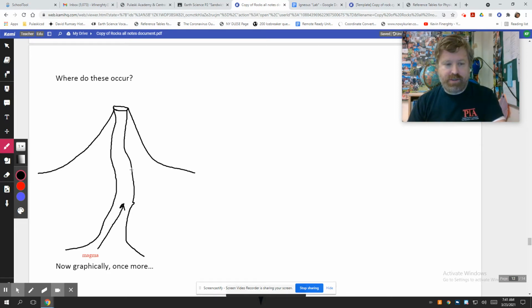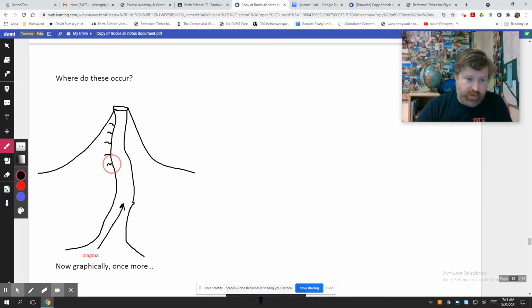What about the rock that's close enough that it gets so hot that it changes the mineral structure of the rock? Not way over here where it stays cool enough where it just does its thing, but right next to it. Now, this is going to seem weird, but I'd like you to try to do it. There's a kind of universally accepted symbol for this contact metamorphism where you draw these little squigglies on there.